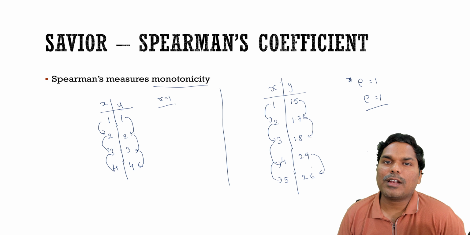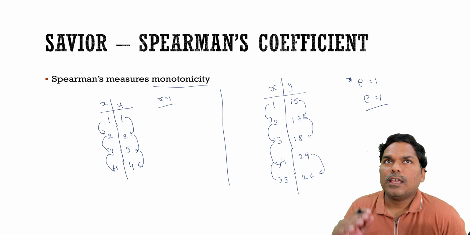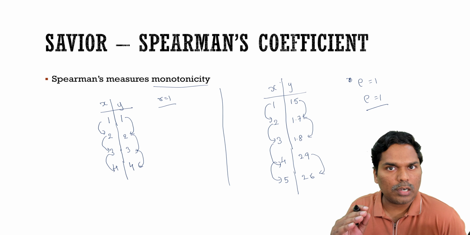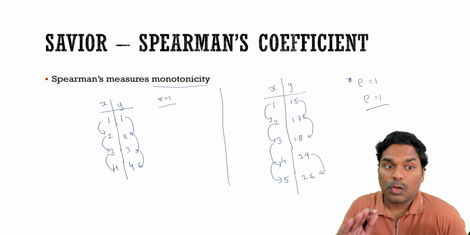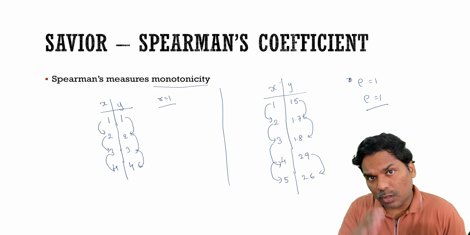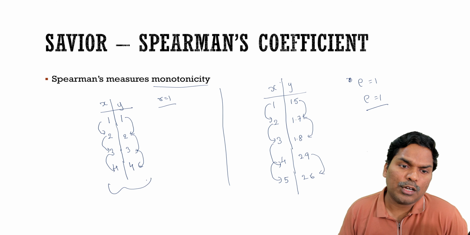So that's what Spearman's coefficient is detecting: if x increases, does y increase or not? That's all it bothers about. Whereas with Pearson, if x increases by 1 unit, y should also increase by 1 unit. That's what Pearson's measures.